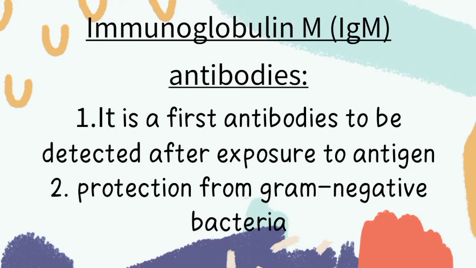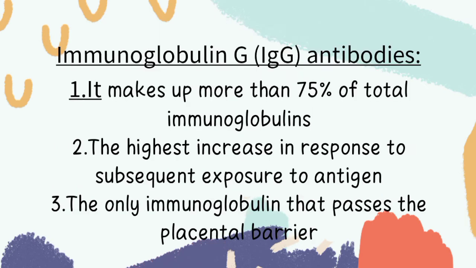So after exposure, this immunoglobulin M will be among the first to get to that site to start the defense process. Number 2, it protects from gram-negative bacteria. We have gram-negative bacteria and gram-positive bacteria. That will be a lesson for another video.